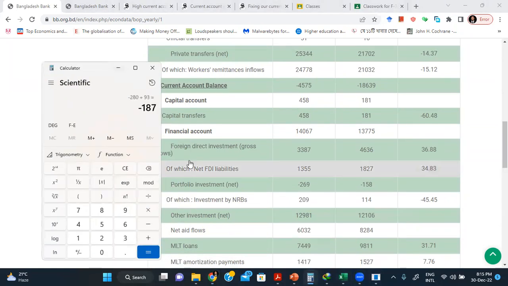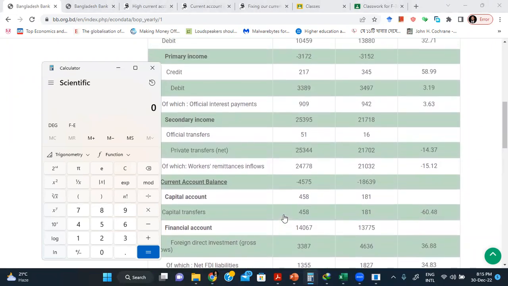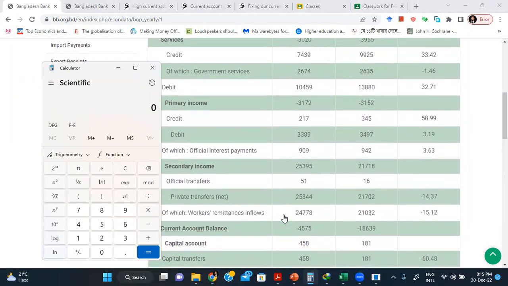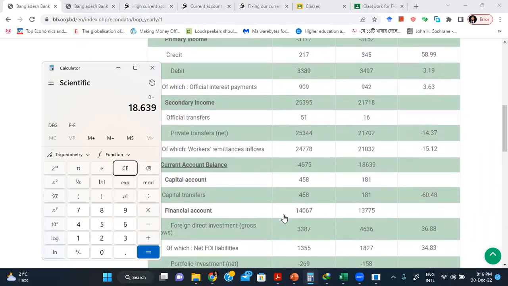So let us make some simple calculation. We are doing the calculation for the overall balance. So the current account balance is minus $18 billion, and the financial account balance is positive. That's why we are adding 13.775.